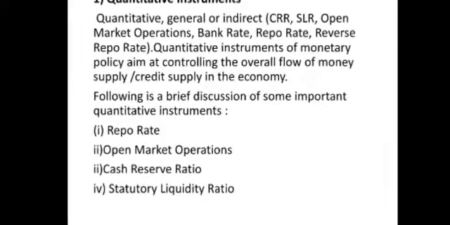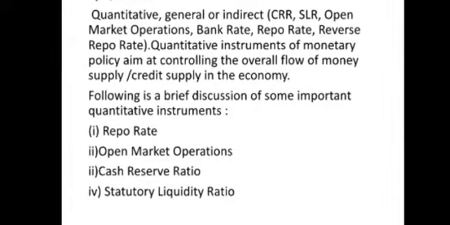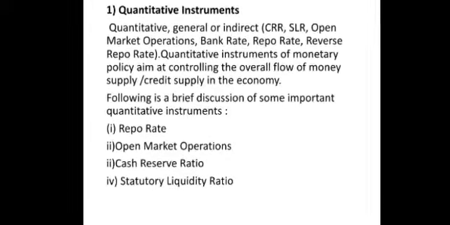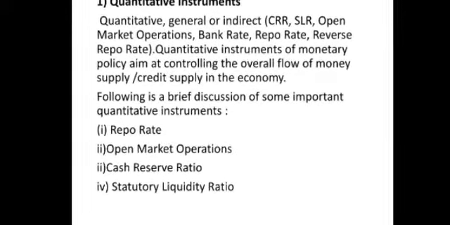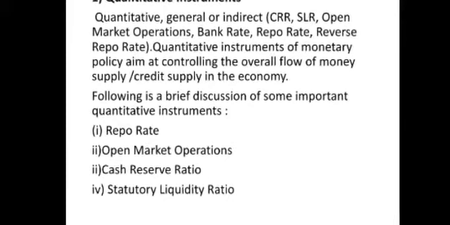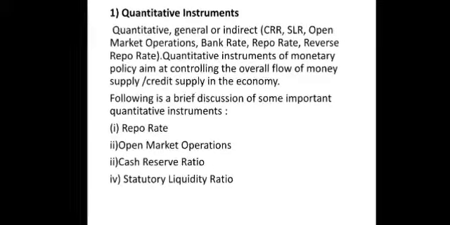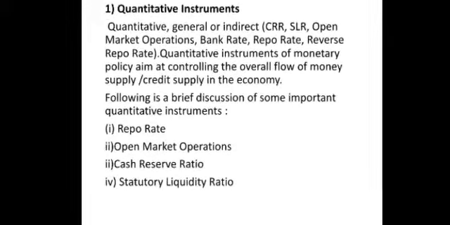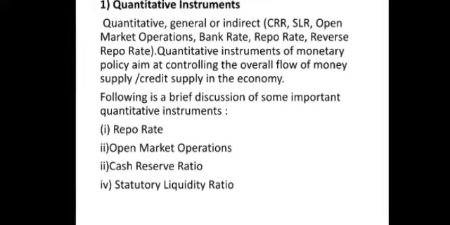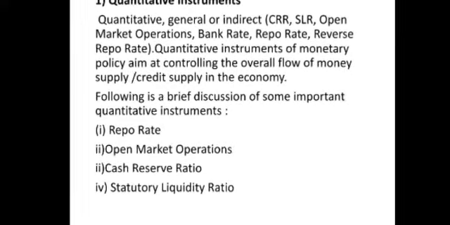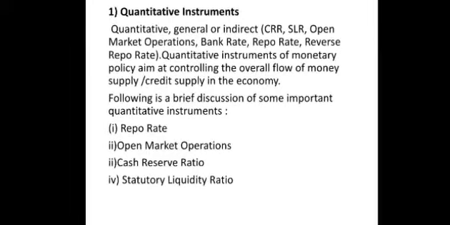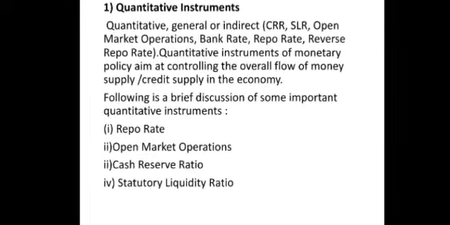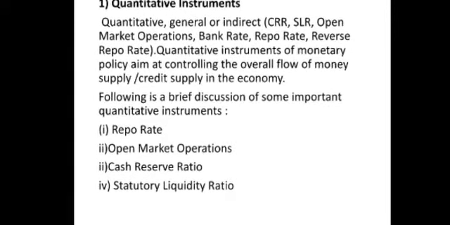Every bank is required to keep a given proportion of its total assets in the form of liquid or near liquid assets. It is called the liquidity ratio. When the central bank is to contract credit, it raises the statutory liquidity ratio. On the contrary, when the central bank is to expand credit, it lowers the statutory liquidity ratio.